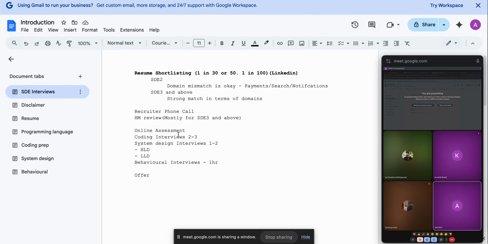And then the recruiter phone call. When you get a recruiter phone call, the main thing to focus on is that whatever you say must be in alignment with what you have mentioned in your resume. Say for example, you have put in your resume that you are working in a 10 member team and leading the team.